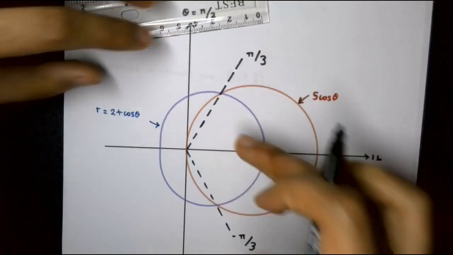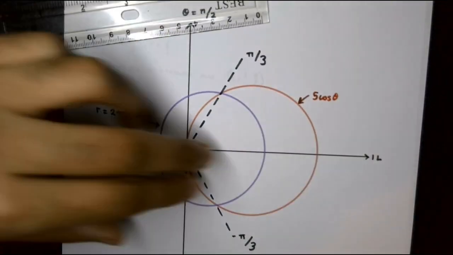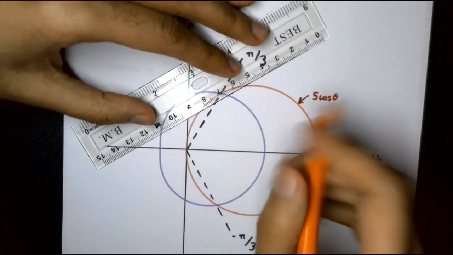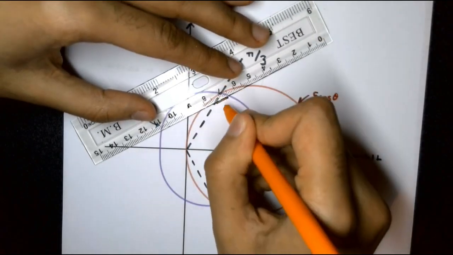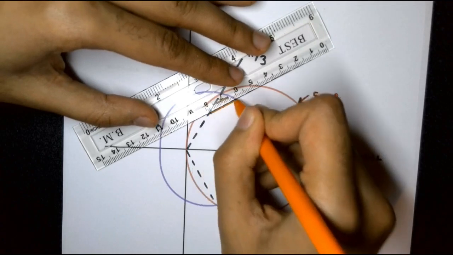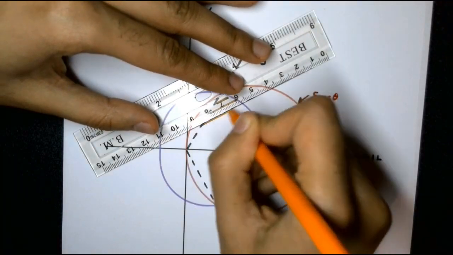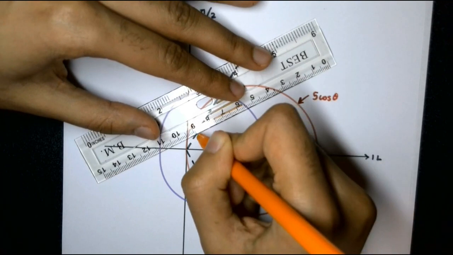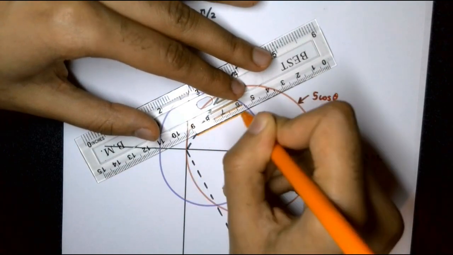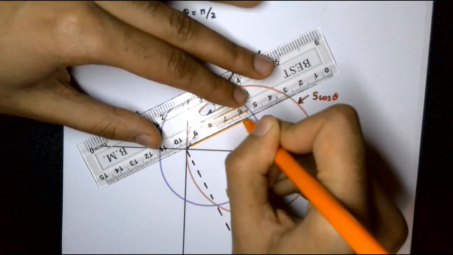Now, to find out this area, this total area, hopefully you can split this up as shown over here. So what I'm doing is just splitting the area we want to find into two other segments. And you'll see why I'm doing that.